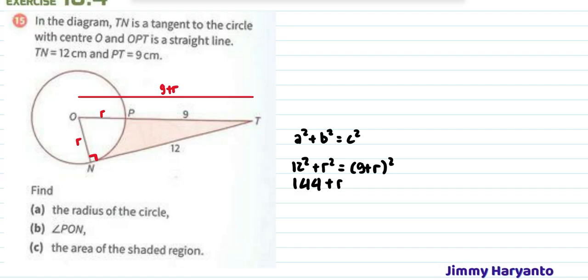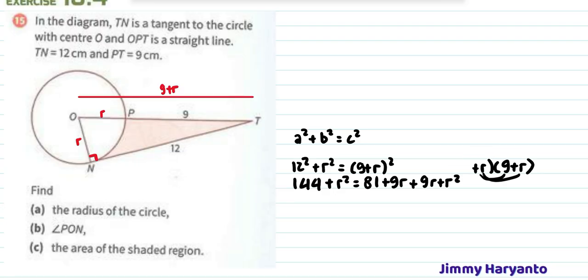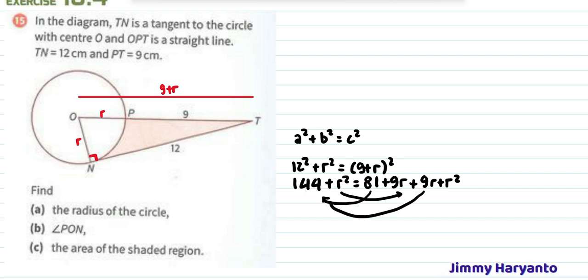144 plus r square equals, let's wait, 9 plus r times 9 plus r equals 81 plus 9r plus 9r plus r square. Okay. And then what next? We will move the r square to the right hand side, 81 and the 9 to the left hand side.